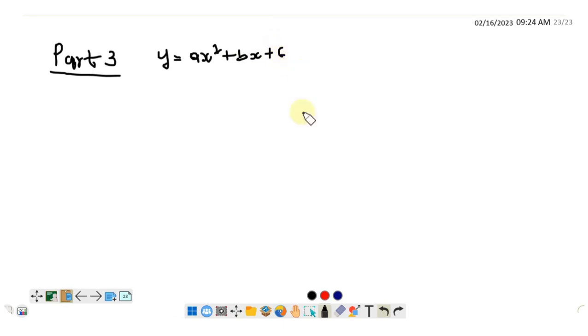And we know what c is, right? c is the y-intercept, the y value. We know that when x is 0, y is c. We've seen it in the previous example that I did. So let us look at an example.